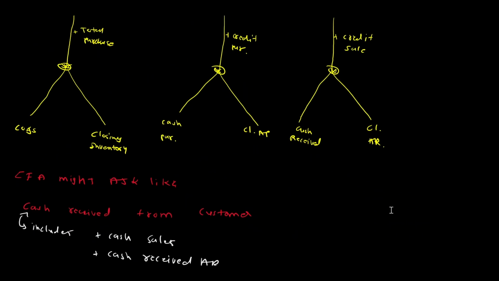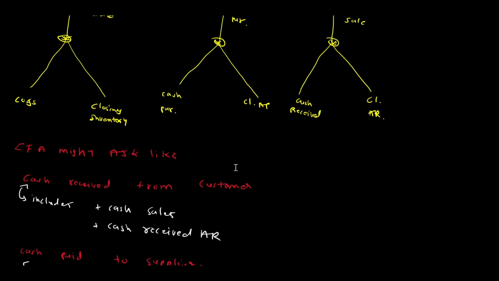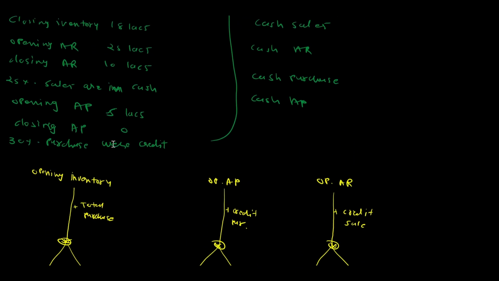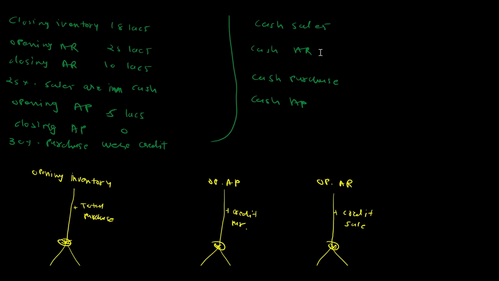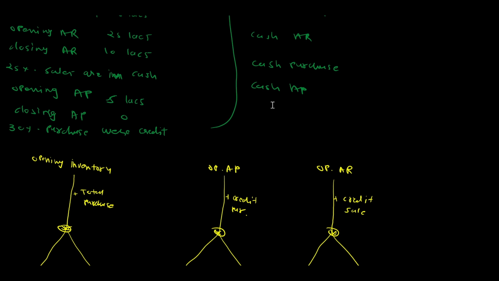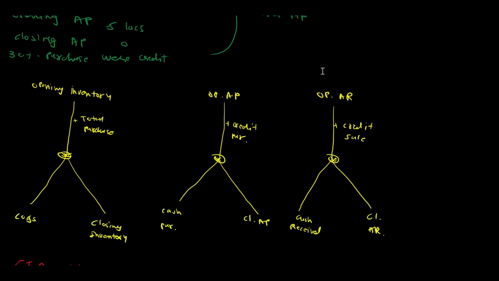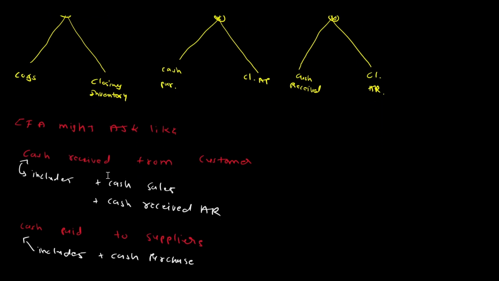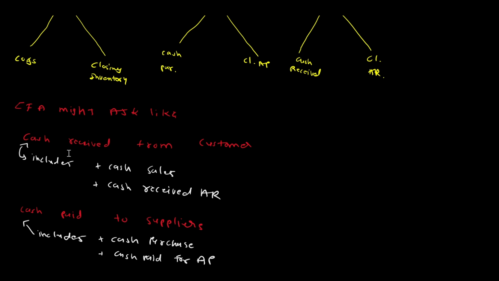Let's discuss these also. Then I will start the example. As I have mentioned, we find the cash sales, cash received from AR, cash paid to AP, and cash purchase. But the CFA might ask like this: find the cash received from the customer.